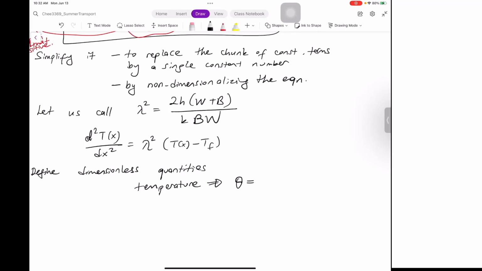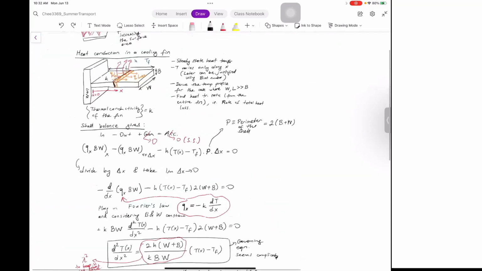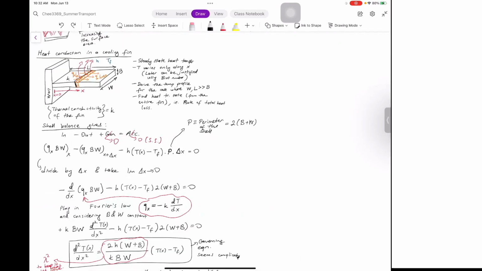We'll actually write it in terms of T, TF. Oh no, not TF. Yeah, maybe TF. So when you non-dimensionalize, you ask the following question: what are the characteristic temperatures that I have in my hand? You see the TF will be given to you, and the wall temperature TW will be given to you, right?